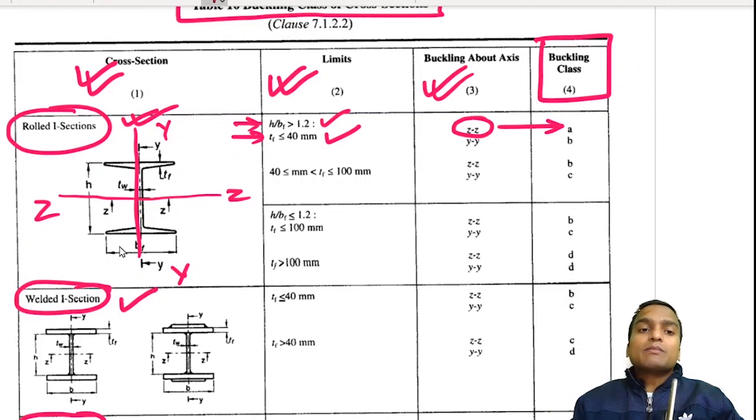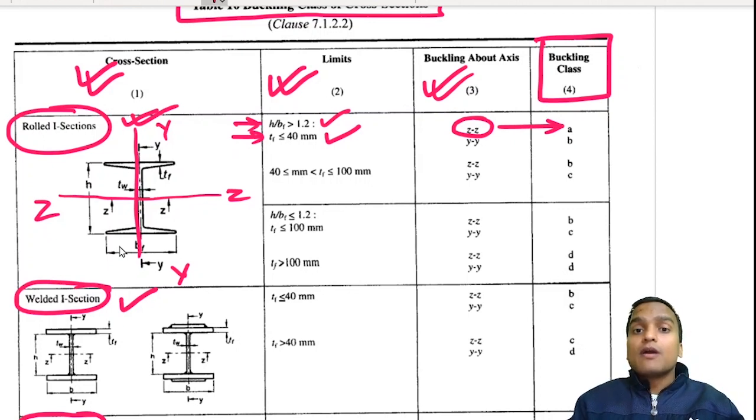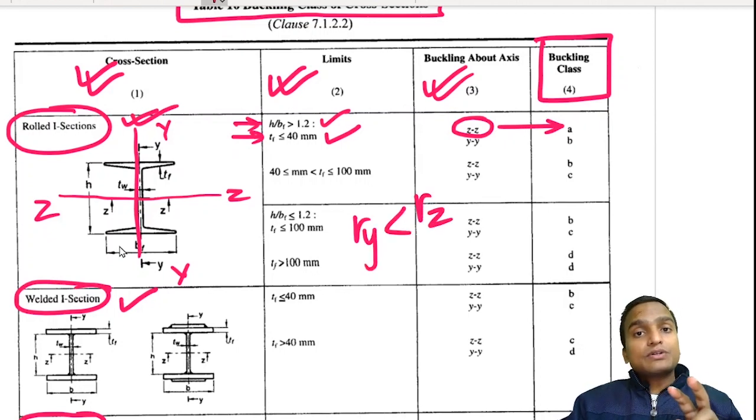Most of the time buckling will occur along the YY axis, and that's why the value of Ry is less than Rz, because there are two moments of inertia here, Iyy and Izz, and for different moments of inertia you have to use different radius of gyration.